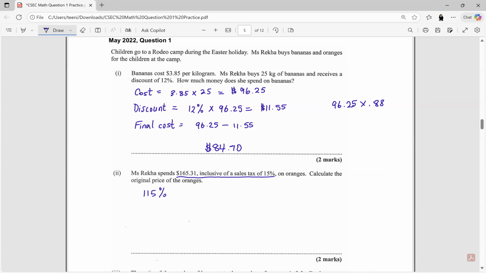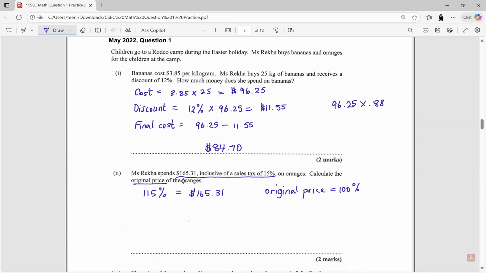So basically, 115% is equal to $165.31, right? So to find out what we are trying to calculate, the original price is 100%, right? So the original price of anything is worth 100%. So that's what we are really calculating, all right?